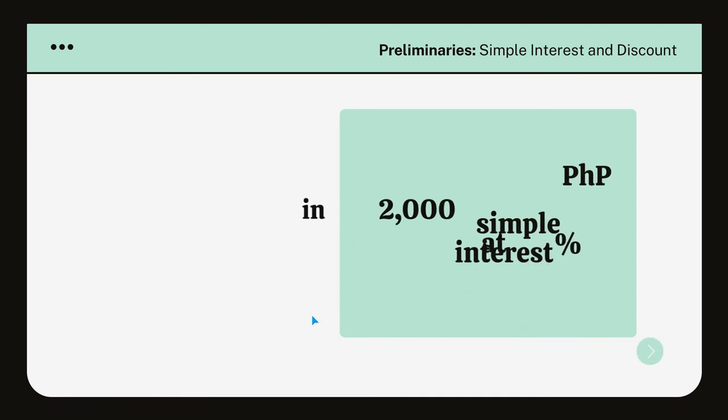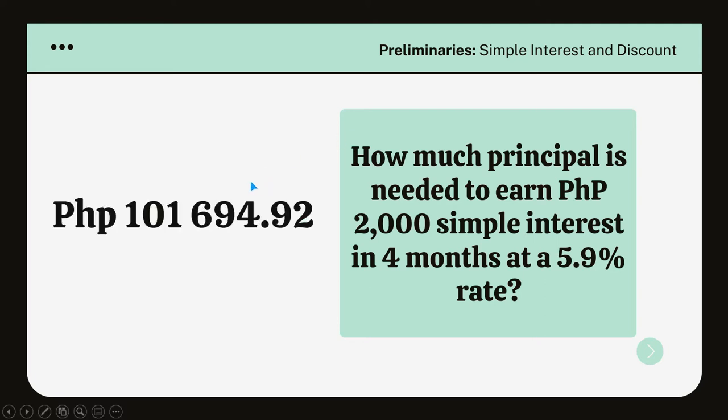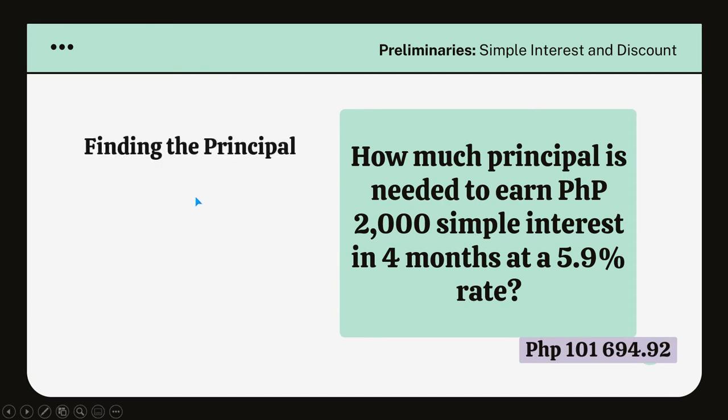Okay, next. How much principal is needed to earn 2,000 simple interest in 4 months at a 5.9% rate? All right. So what we're looking for now is a really huge value. That's 101,694 pesos and 92 centavos. This is because we are now looking for the principal. Okay?